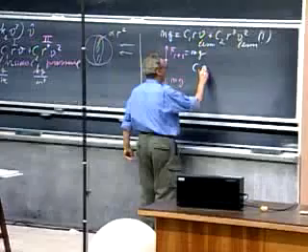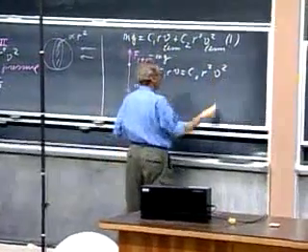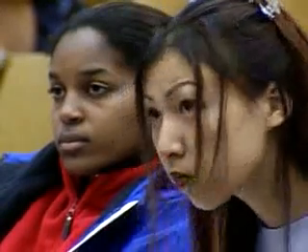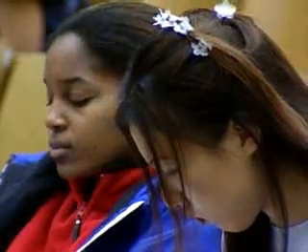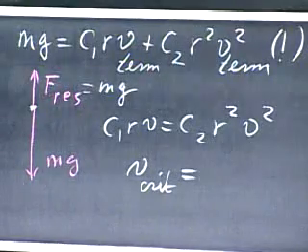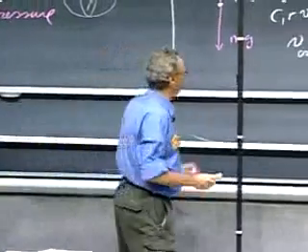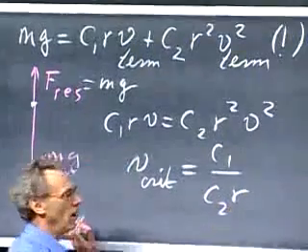So you get c1rv equals c2r squared v squared, and that velocity we call the critical velocity, even though there is nothing critical about it. It's simply the speed at which the two terms are equal. That's all it means. And that is, of course, then equals c1 divided by c2 divided by r.